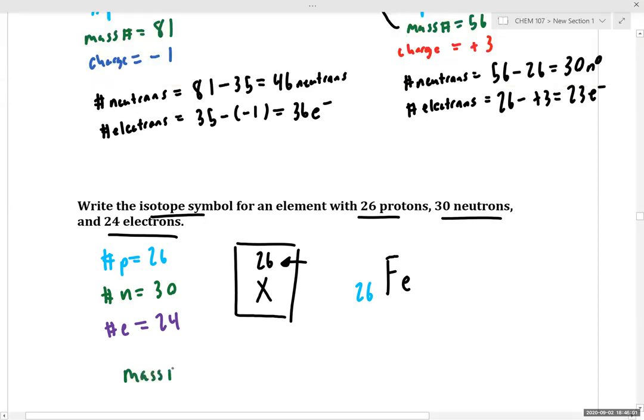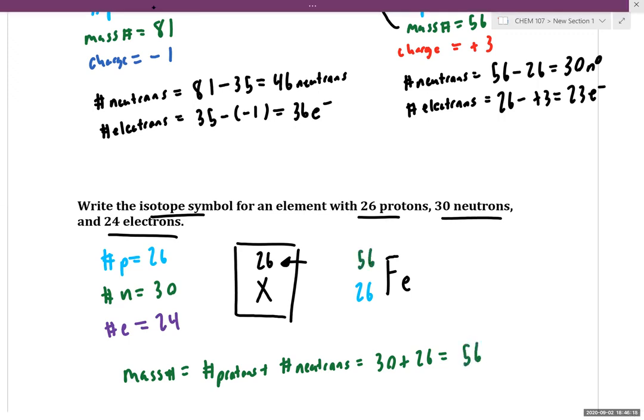Our mass number is equal to the number of protons plus the number of neutrons, which is 30 plus 26, giving us a mass number of 56.